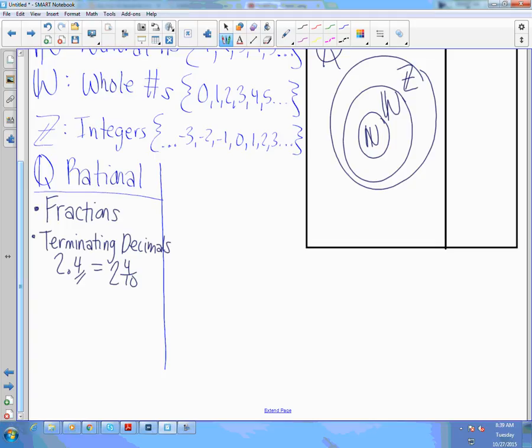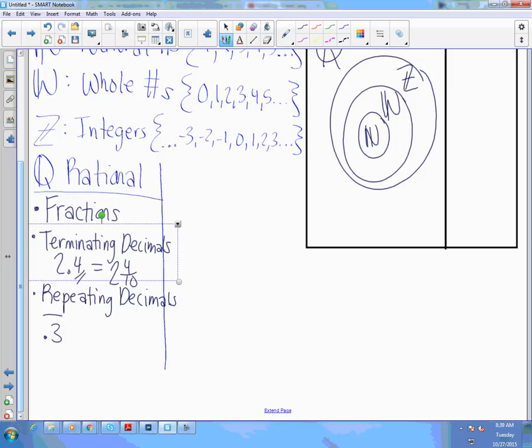There are also some other types of decimals that are in the rational family that don't terminate. Exactly, good. So repeating decimals. We said repeating 3. So 0.3 repeating. Prove this can be a fraction.